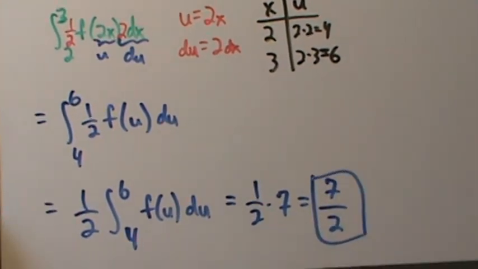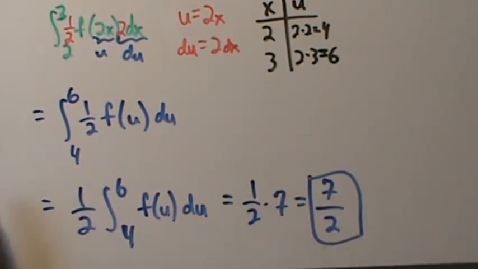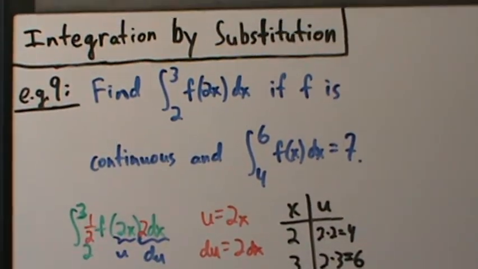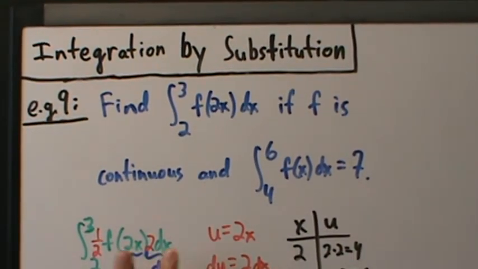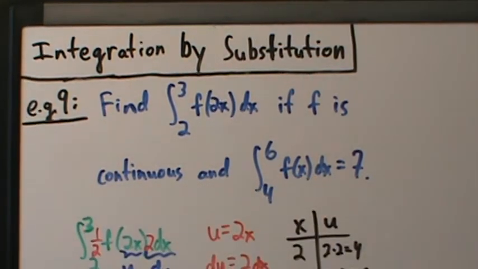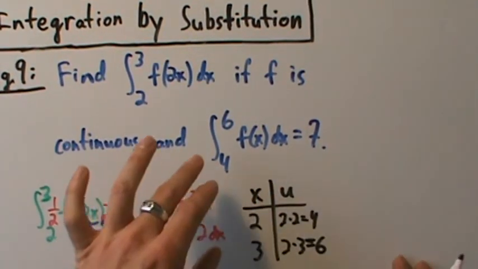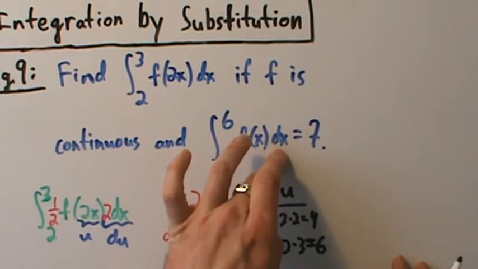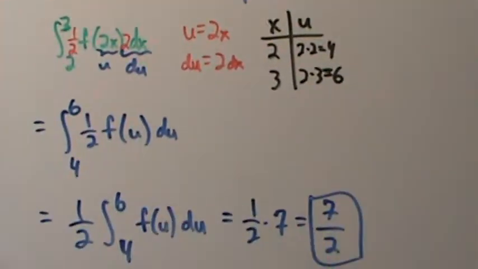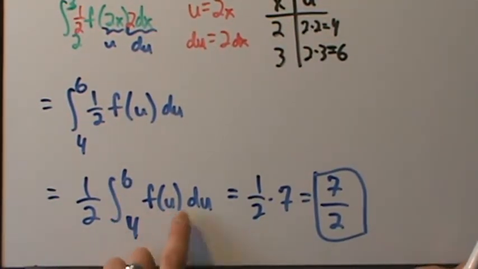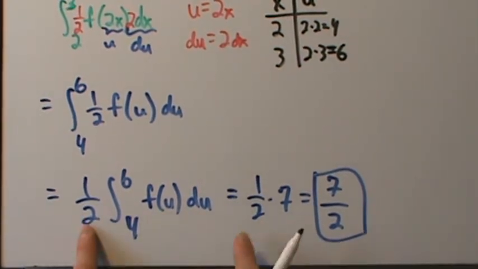Really straightforward, not too bad at all. It's the same kind of thing, just a substitution, but with an arbitrary function f. We don't know anything about f except that it's continuous, and we have this integral here. Then we have the 1/2 out here.